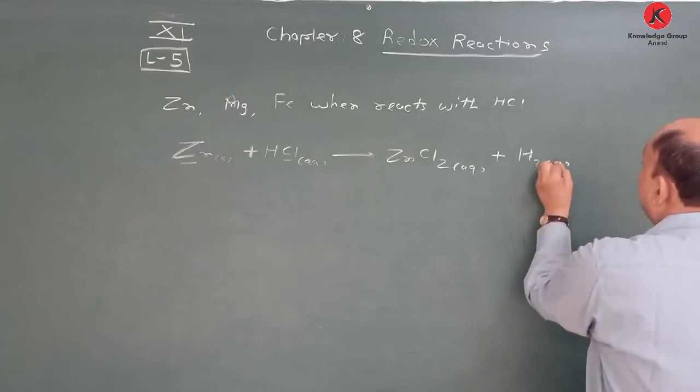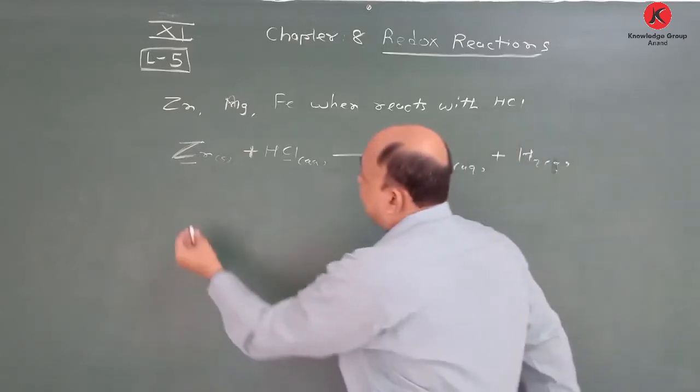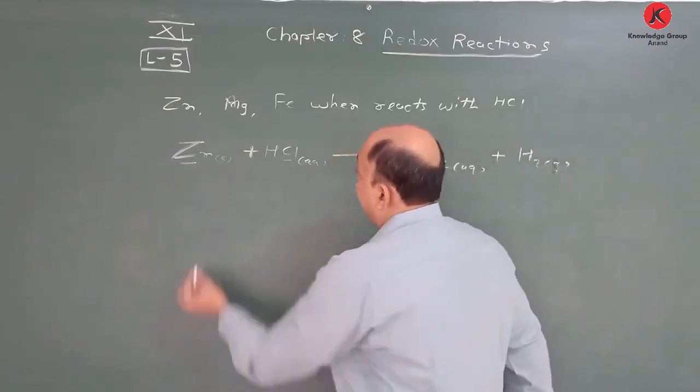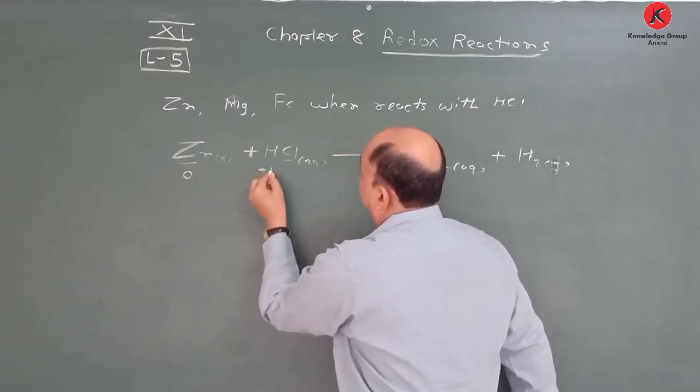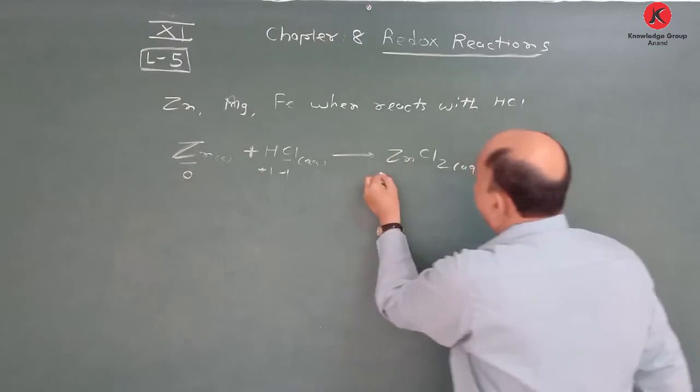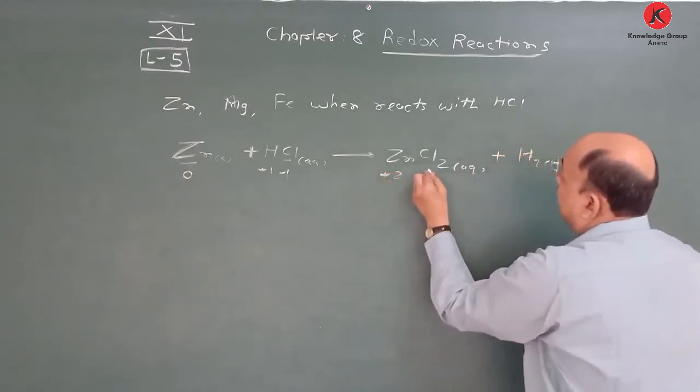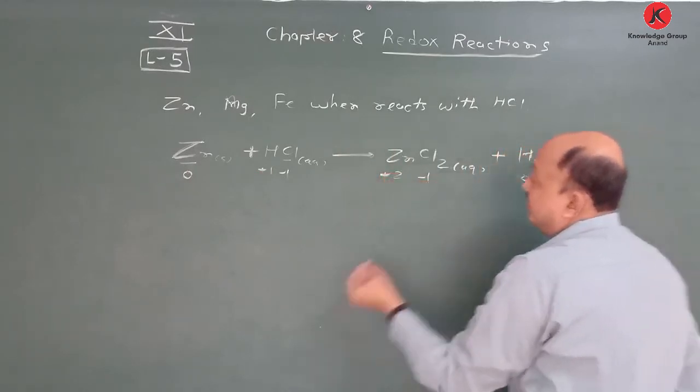Write down this way. So here another example is simple, and from that just you see oxidation number of Zn is 0, H is plus 1, Cl is minus 1, here plus 2, minus 1, and here 0.